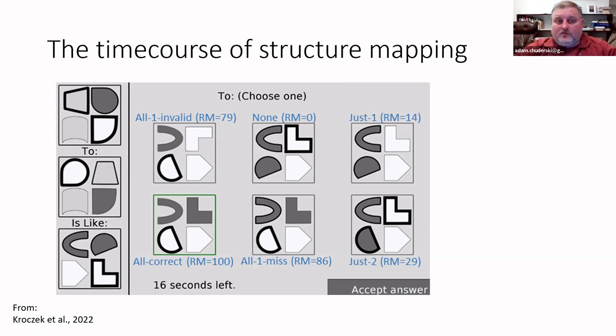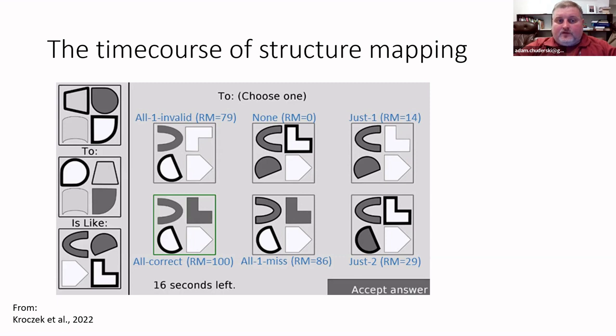transformations, or there were incorrect responses which were almost correct. So either one transformation was missed, or one transformation was exchanged for an incorrect one, and of course there was the all-correct transformation option, which was the one to be selected.